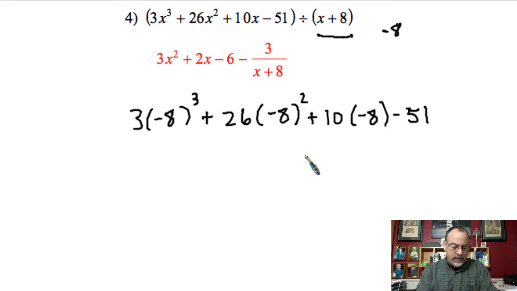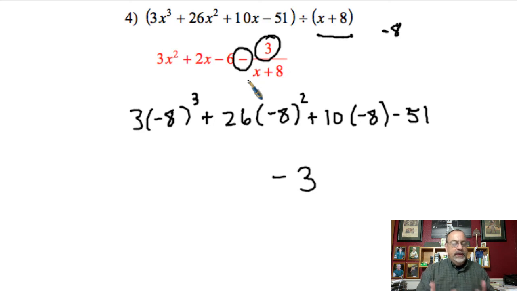So I'm going to have 3x cubed plus 26x squared plus 10x minus 51, enter, and I get a negative 3, and as we see, that is what I got when I did my division problem.